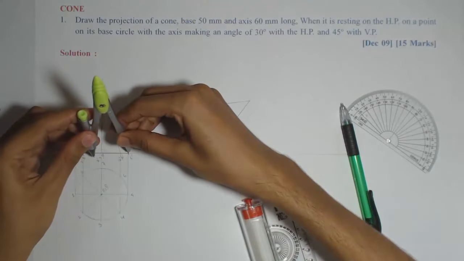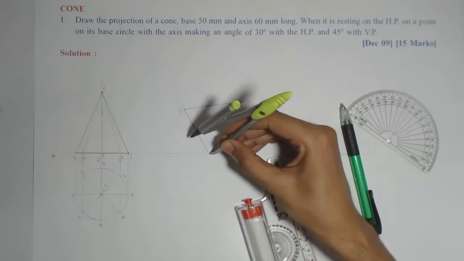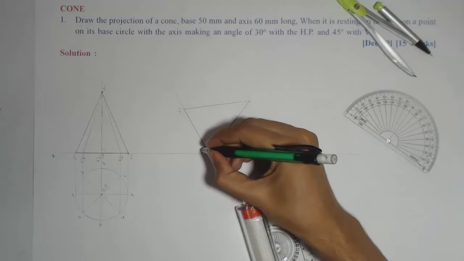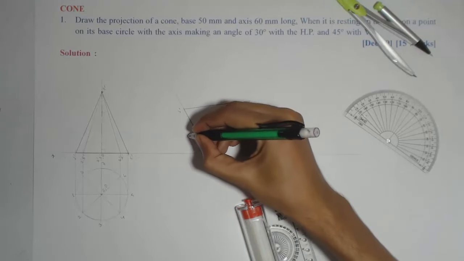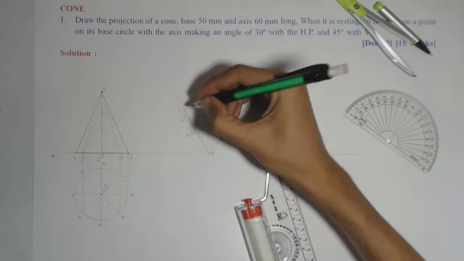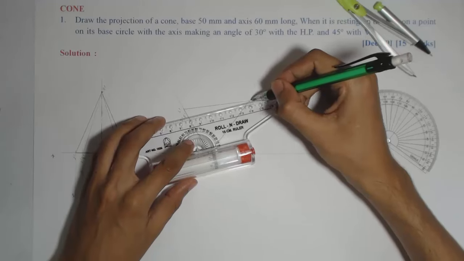Then the center point 3 dash 7 dash O dash. So we'll give the notations 4 dash 6 dash, 3 dash 7 dash O dash, and 2 dash 8 dash. Now we'll join by light lines since they are imaginary generators.